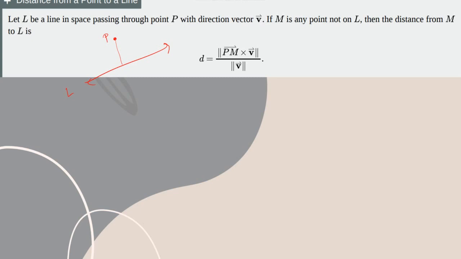We can solve it from this point going to the line, or on the other side. As you can see, there are so many lines, so many distances that we can solve, so many numbers that we can consider as distance from a point to a line. Now, what do we do? We just select the shortest distance.